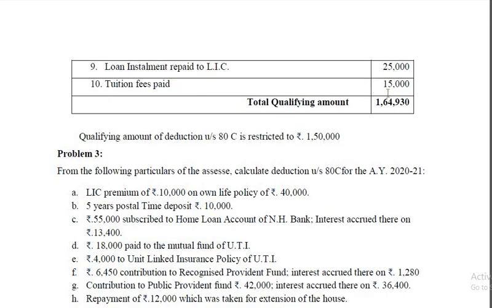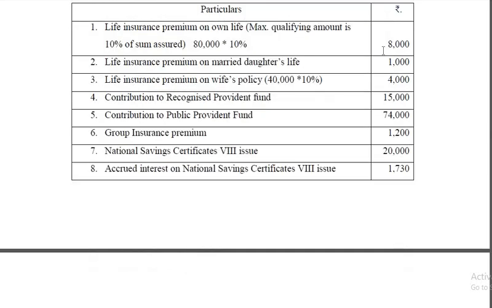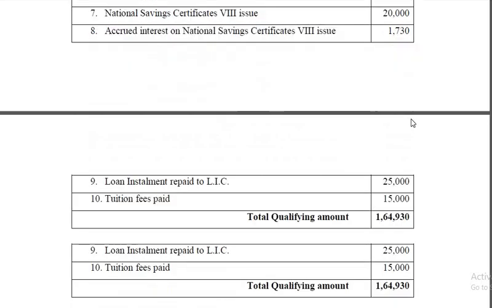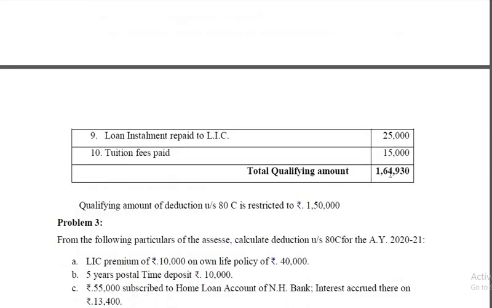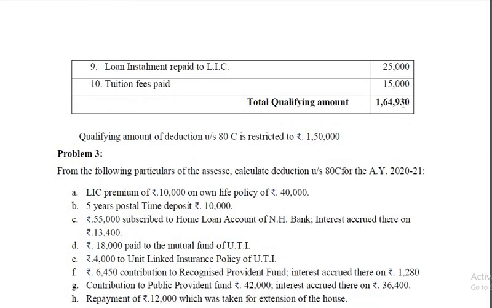Tuition fees 15,000. See, if you total the qualified amount as far as each item is concerned, the total comes to 1,64,930. Now entire 1,64,930 is not deductible under 80C. So what is deductible is actual qualified amount or 1,50,000, whichever is less.